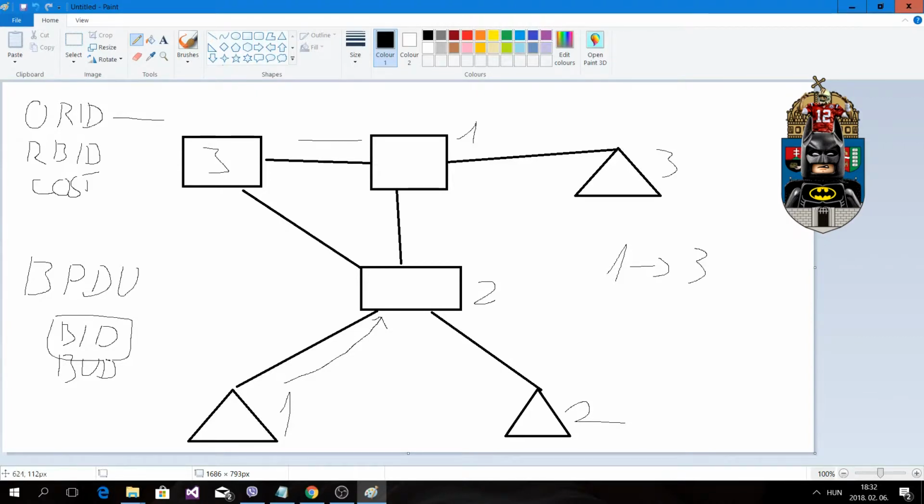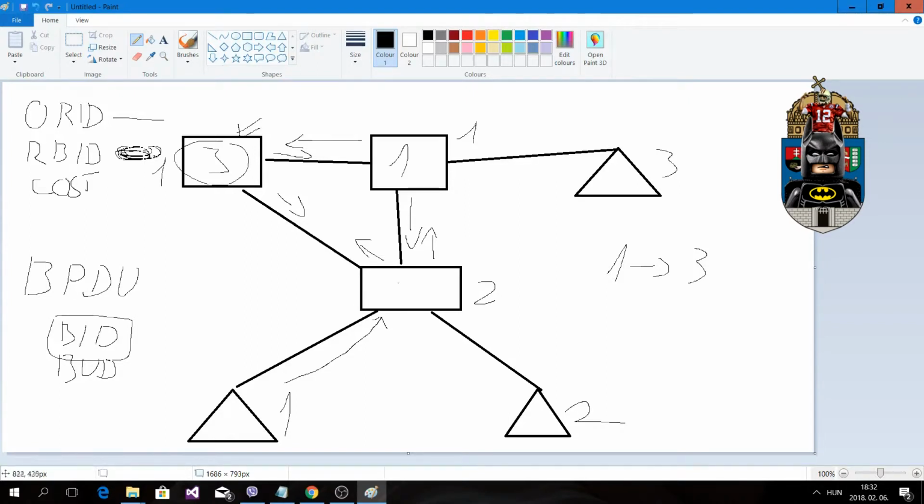So let's imagine 1, 2, 3, and what's going to happen? This will send out its BPDU to its available links. These are going to send out their BPDUs as well, and they will simply update their root bridge ID. So if it receives a BPDU, it will update its ID: hey, my ID is 3, but his ID is 1, so I'm going to update my ID with 1.